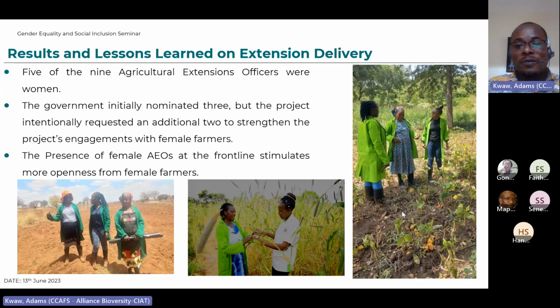And here I want to commend Faith because I remember in one of the work phases, she was requesting for additional female extension officer. The men were kind of resisting, as they also wanted to be part and benefit from whatever is happening. But Faith stood on her ground in making sure that we had an additional female extension officer. And that did help a lot.